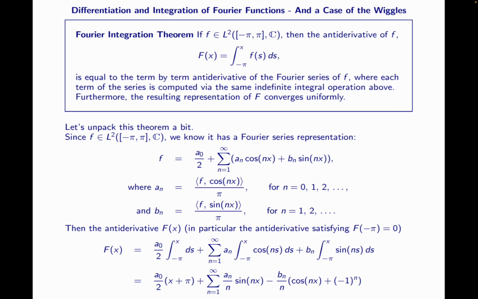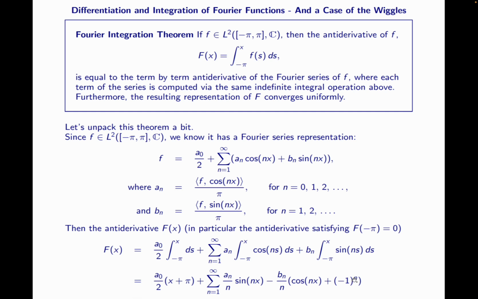And that gives us this expression: a_0 over 2 times x plus pi, plus this linear combination of sines and cosines and this negative 1 to the n term, which comes about by evaluating the antiderivative at negative pi. So this representation on the right converges uniformly to f, where f is defined in this way.